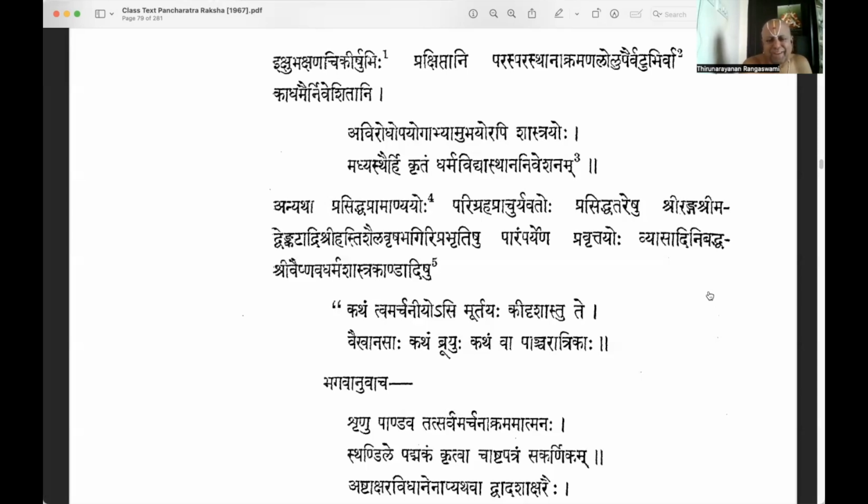So ikshu bhakshana chikirshu. Chikirshu, one who wants to eat the sweet juice. And especially when you eat sugar cane with the help of the teeth, without making it juice and drinking it very easily, your teeth also become strong, and your teeth become clean, and they also have a sweet smell.